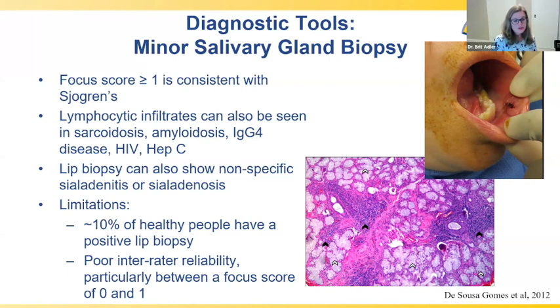So this is a huge problem with getting biopsies. And I think it highlights that we need a lot more education and standardization between pathologists. And most of the discrepancies when pathologists disagree are for these borderline cases where patients may have a focus score of 0 or 1. Usually when there's a focus score of 5, most pathologists will agree on that.